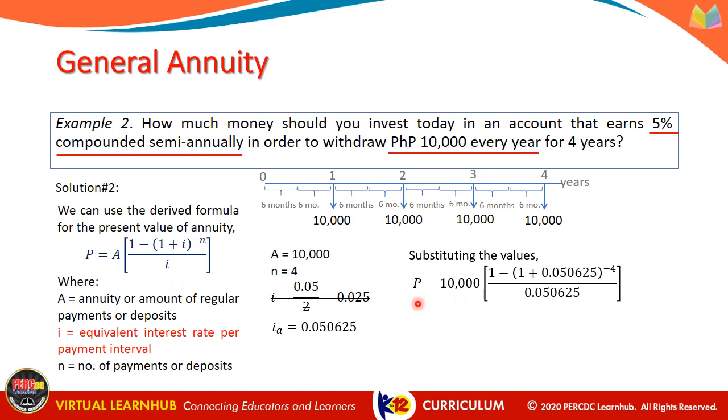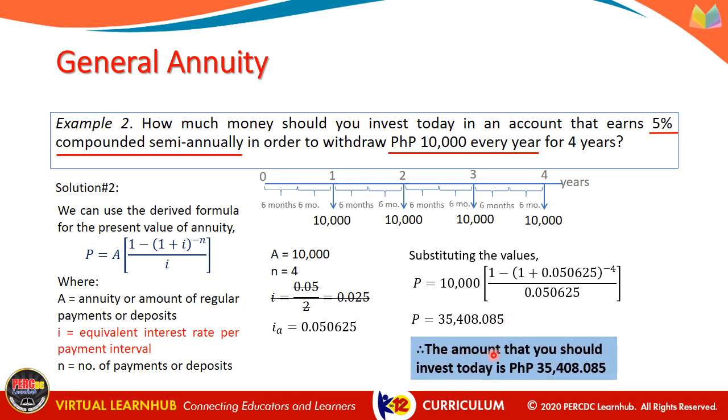That will be P is equal to 10,000 times quantity 1 minus 1 plus 0.050625 raised to negative 4 over 0.050625. Using our calculator, we will be able to compute 35,408.085. This is the same answer that we have from solution number 1, right?